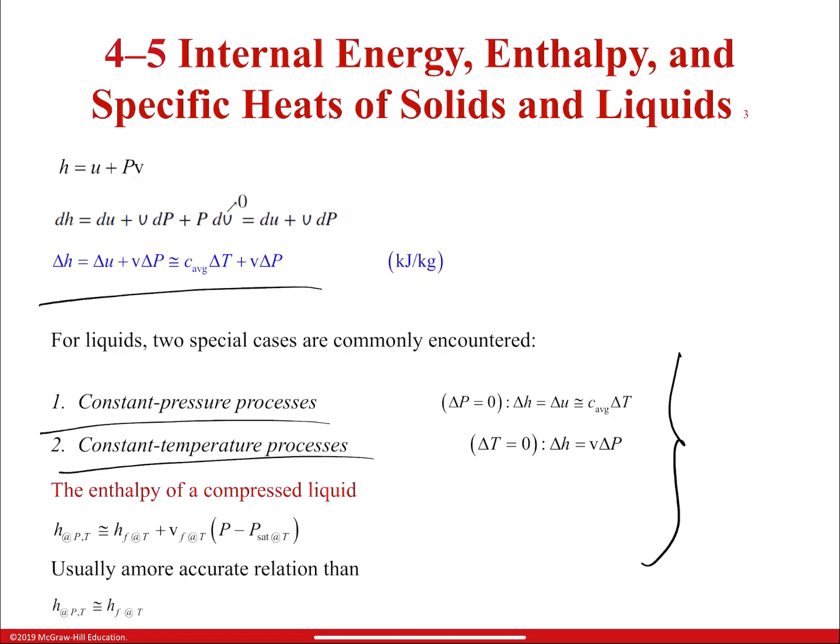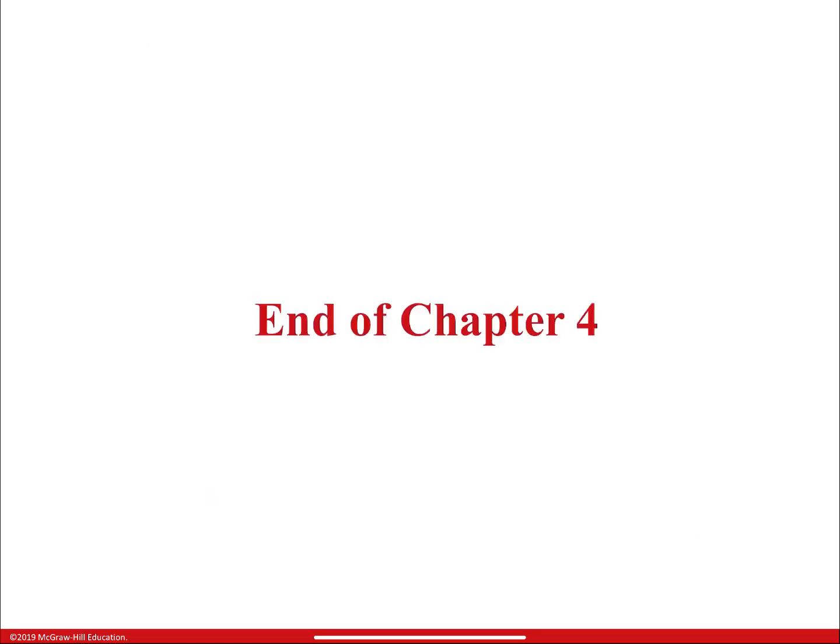And then if you really want to find the enthalpy of a compressed liquid, you can use this equation as well, which is more accurate than using the one that we learned in the previous chapter. So, like I said, this will not be included in your exams for this particular course. And with that will be the end of chapter 4.